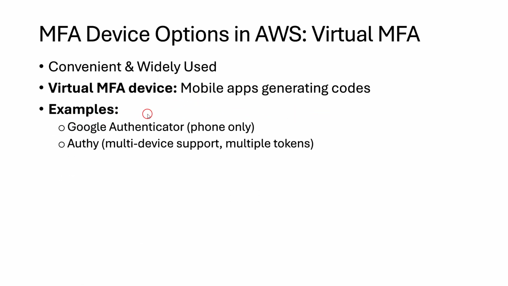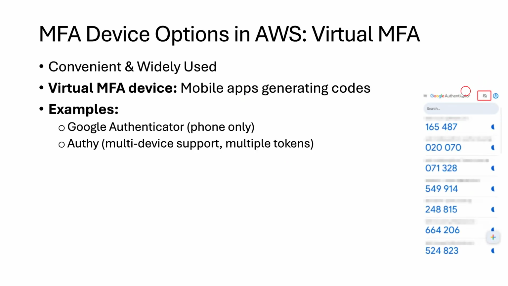Some examples are Google Authenticator. You can install this Google Authenticator on your phone, and it will generate a token like this. For example, you can install an app called Google Authenticator from the App Store, and you can generate tokens like this. And you have one more example called Authy, and you can use this Authy for multi-device support also.